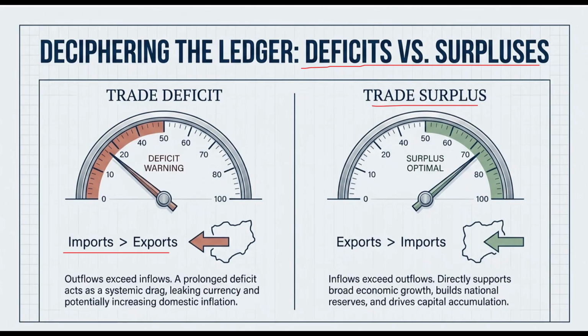And what about trade surplus? A trade surplus occurs when exports exceed imports, and surpluses support economic growth, increase reserves and strengthen the economy. So both deficits and surpluses affect long-term economic stability. That is why the government is always trying to balance it.